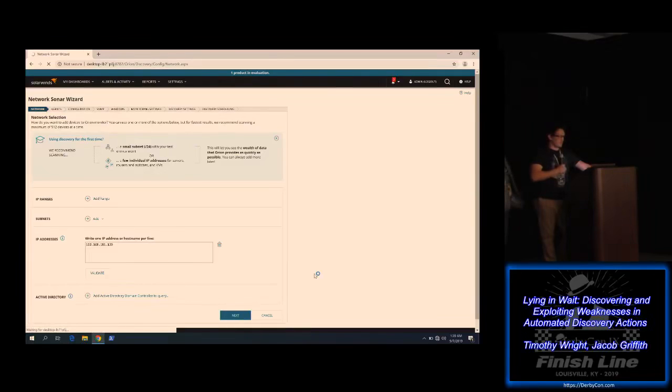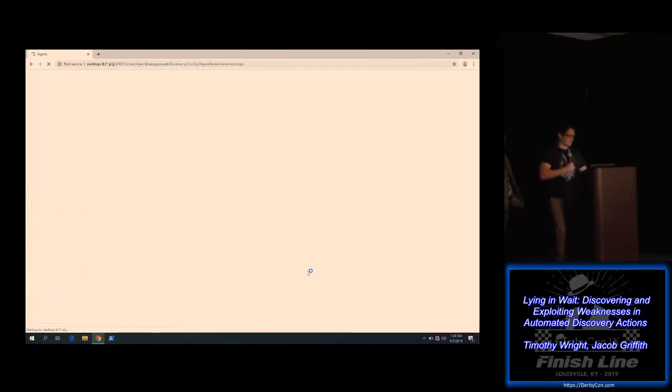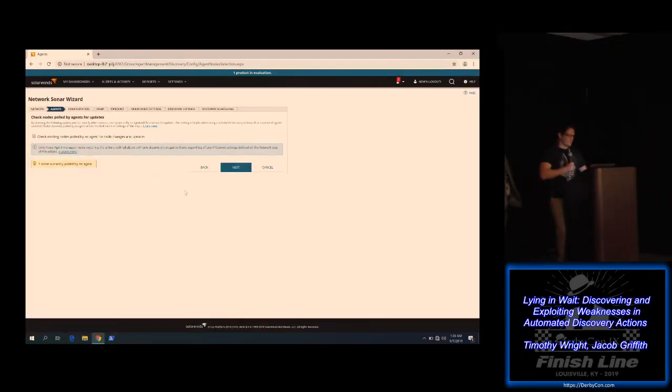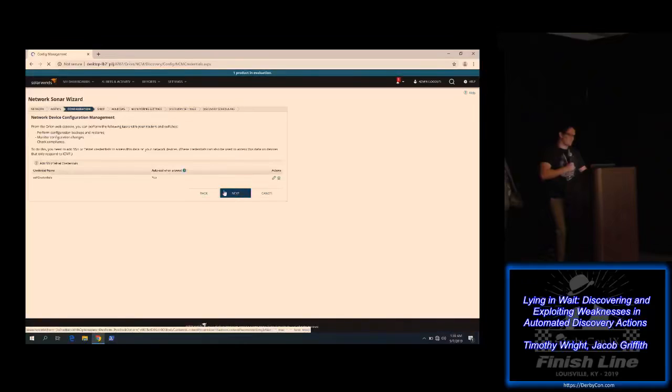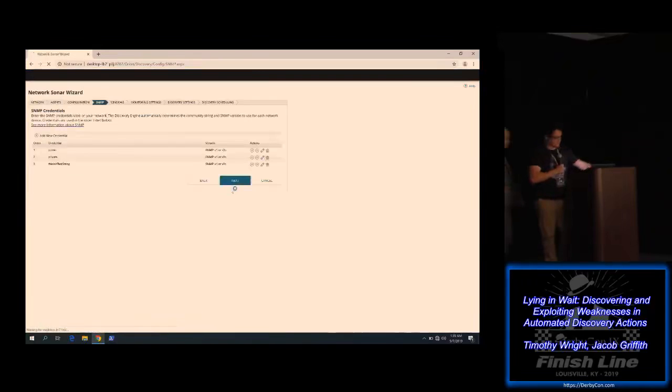So just like before, once the drone's running, anything that hits that service and tries to authenticate, those credentials will be shoveled over the C2 to a server. SolarWinds is a little laggy, so it kind of takes a second to step through these.